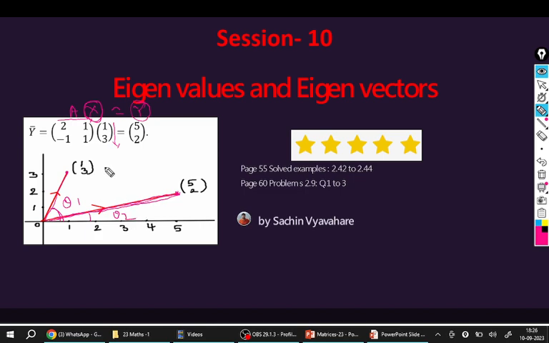So when we do a linear transformation Ax = y, what happens generally? The vector x is transformed to y, and the new vector is generally rotated and stretched or scaled. You can observe the length is different, so it is stretched as well as rotated.